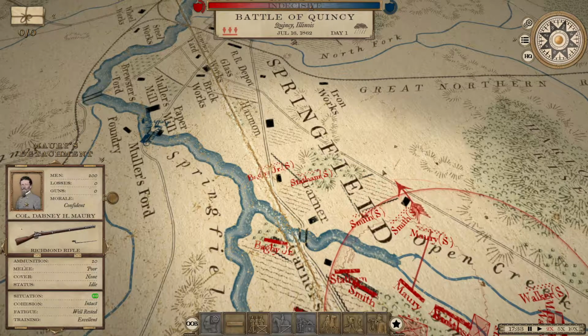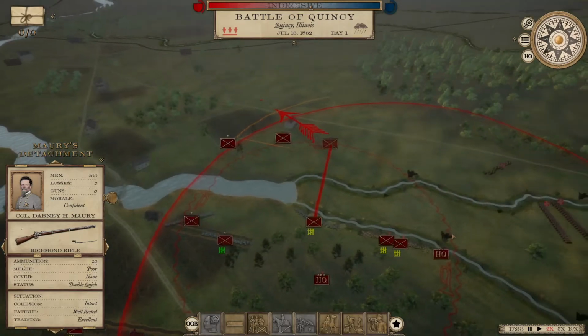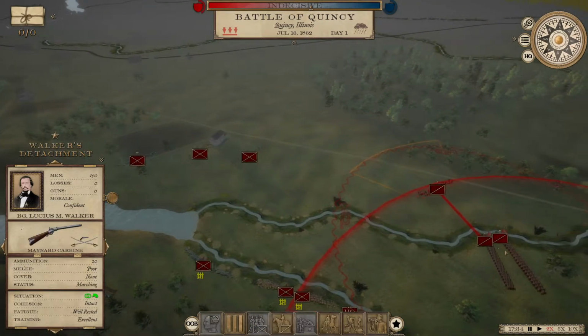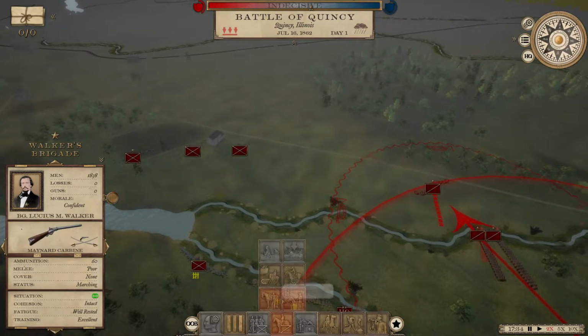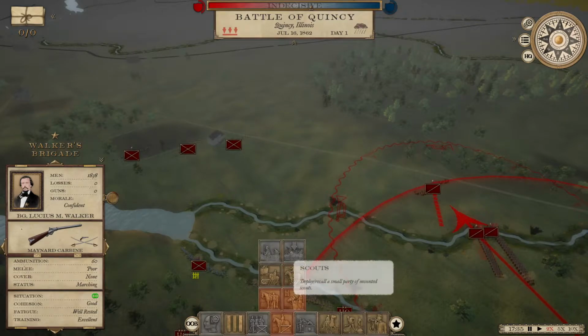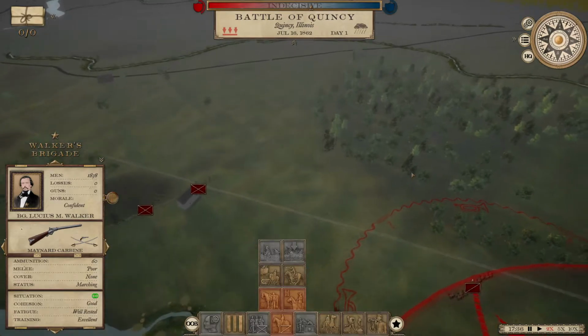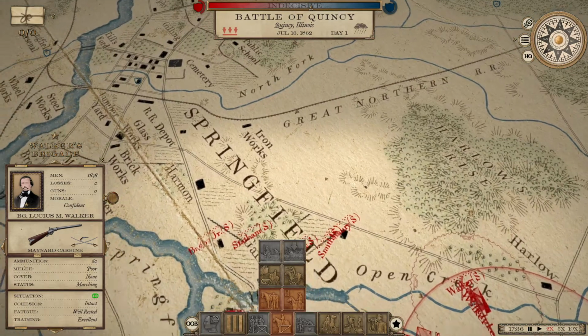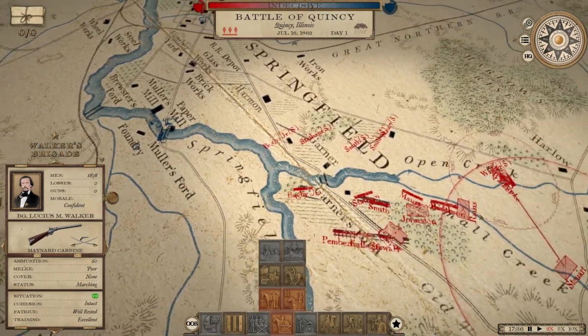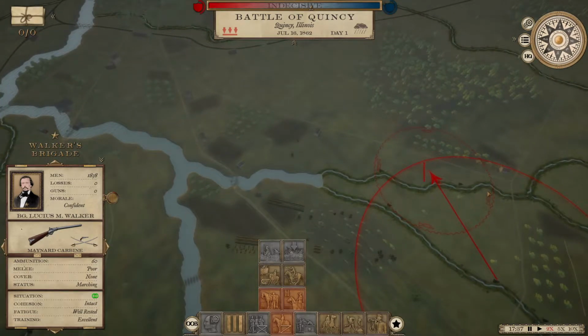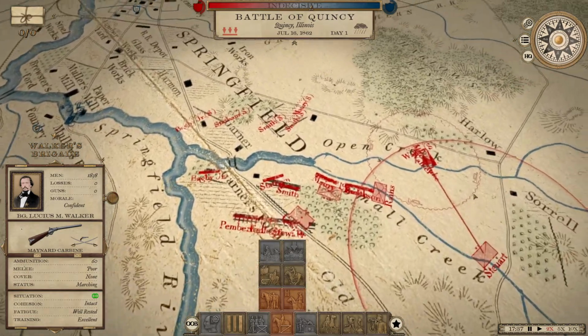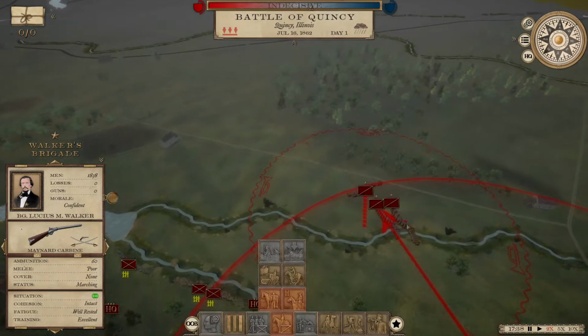But what they do is, I believe they'll tell you this when you hover over it. Okay, so they don't tell you, but I believe what it does is it gives you a greater view. It lifts more of the fog of war because they're up ahead, scouting, of all things. So that's why you would want to do it.